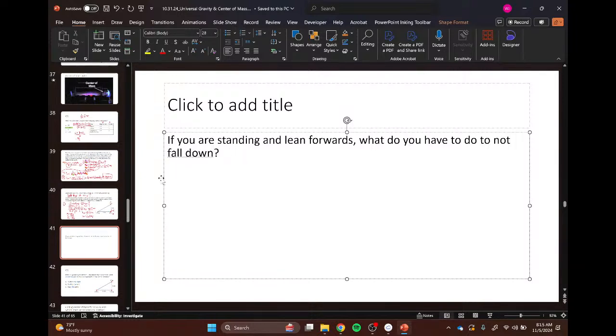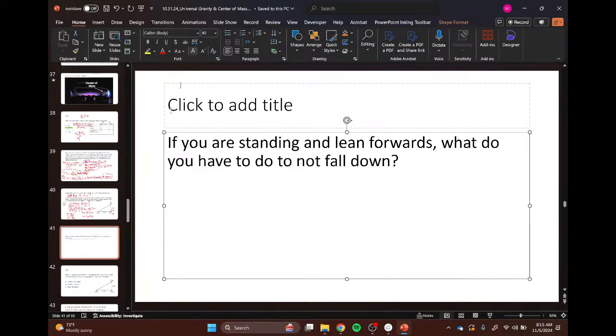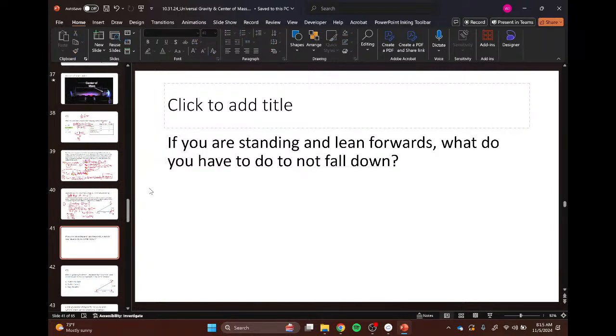That is my question proposed to you all. Think about it, discuss with your neighbors. I'll walk around and hear what y'all have to say. If you want to test it, literally stand up and lean forward and see what you physically do. You do this naturally. Do it for yourself. You got room? How do you not fall down when you're leaning forwards? Stand up. Try it out.